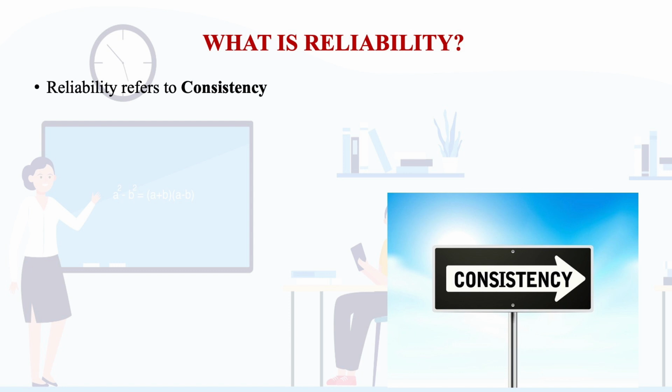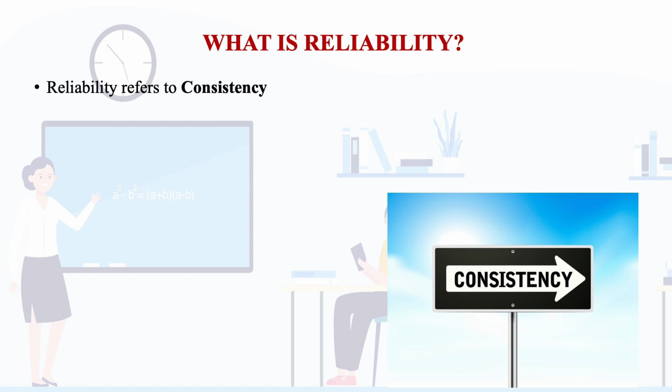Without developing norms, we can't say that the tool is a standardized tool. But here we are not going to discuss the norm. We are just going to discuss one of the criteria, that is reliability of an effective tool, and in our next video lesson we will be discussing validity. So now let us focus upon reliability.